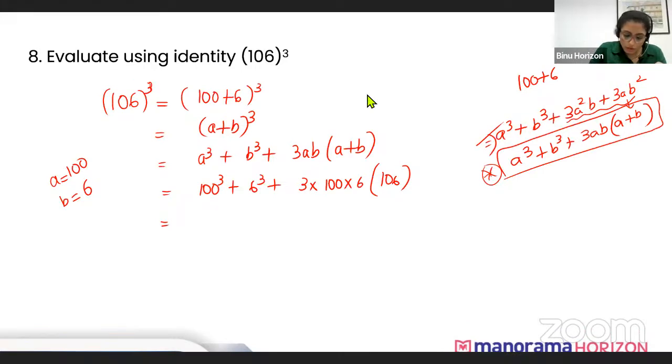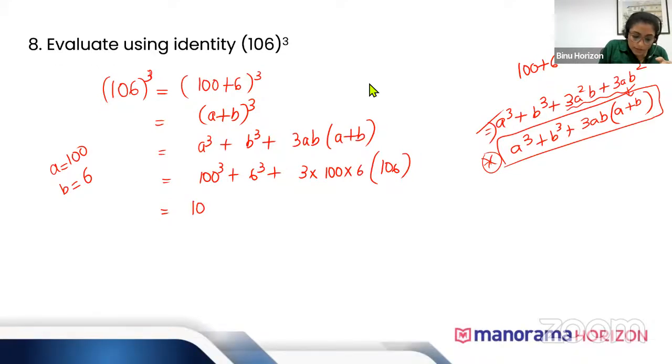No, the answer is not that. Niranjana, please check the calculations one more time. 100 cube means six zeros should be there. 1, 2, 3, 4, 5, 6. Because 100 cube means 100 into 100 into 100. If you have any doubt in the calculations, just write it on the side, in the margin sheet, and do the calculation.